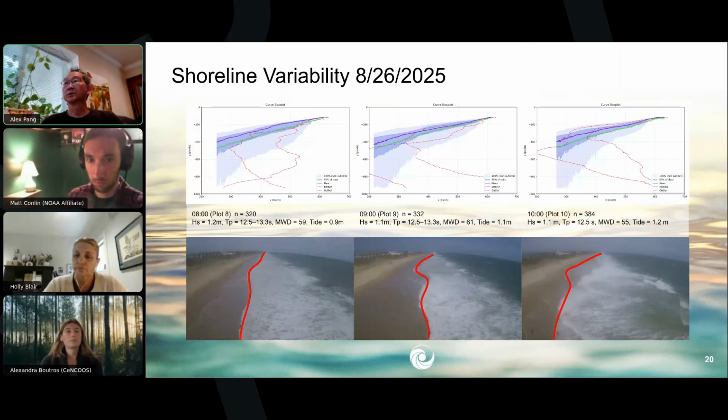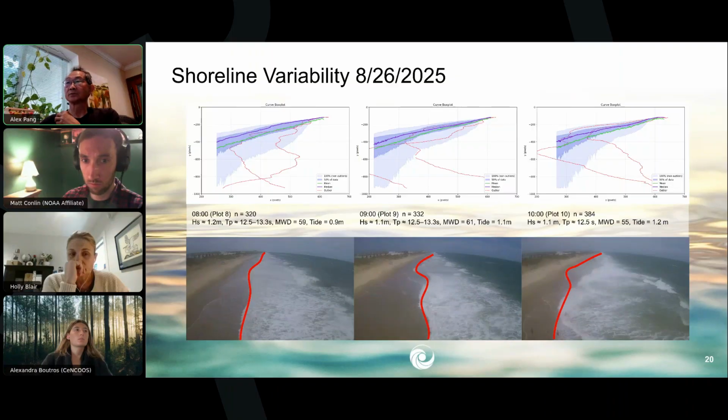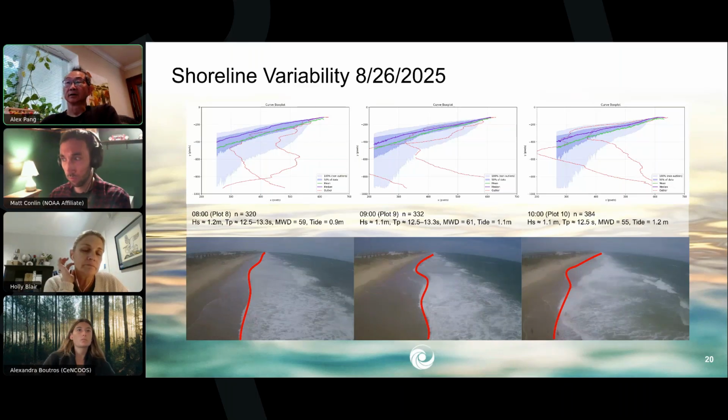Okay, so this was the day before. I think there's a typo here. This should be August 26, 2024, if I'm not mistaken. On this particular day, the mean wave direction was mainly east-northeast, so it was more onshore, and the sea state was a little bit higher.